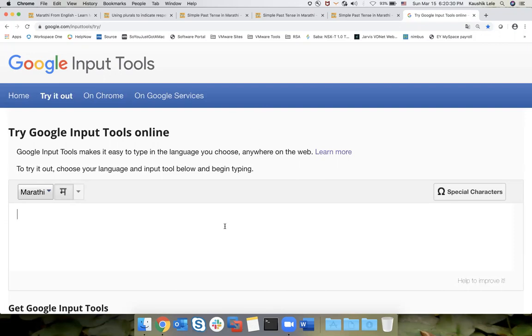So it sometimes becomes difficult for a learner. But you can assume any gender in the beginning and then try to make the verb form accordingly. And when you read more Marathi, you will start learning what gender is given by people here.